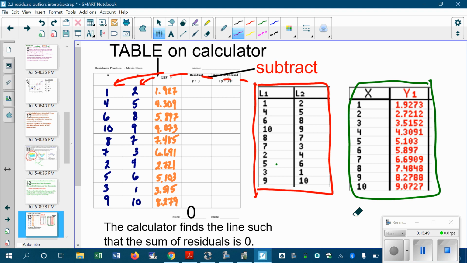Now, once you have all of that, then we have to think about how we define a residual. A residual is the Y coordinate of the scatter plot minus the Y coordinate on the line. So if I were to subtract 2 minus 1.927, that's going to be the residual that I put in that slot, because that's how far off my line is relative to my scatter plot.